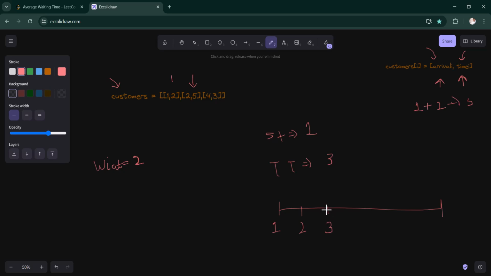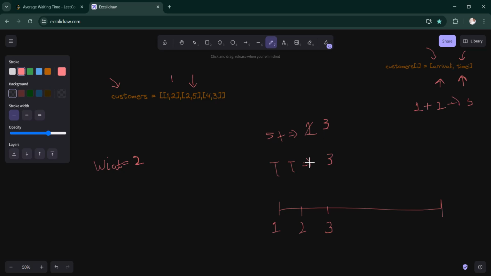When the chef was in the middle of preparing this order, another customer arrived at 2, but he has to wait until the chef becomes idle. He arrived at 2, but the chef will start preparing his item at 3, so the start time for this will be 3.